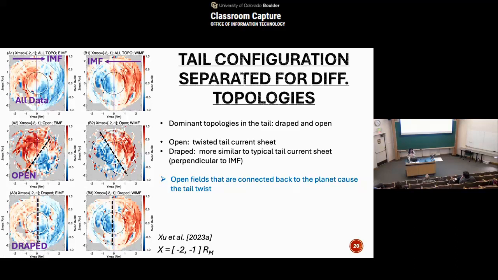So in other words, if we look at the tail configuration for field lines unconnected to the planet, it's very much induced-like. But when we look at field lines connected to the planet, that's where we see the tail twist. In other words, open field lines that are connected to the planet are the cause of the tail twist.